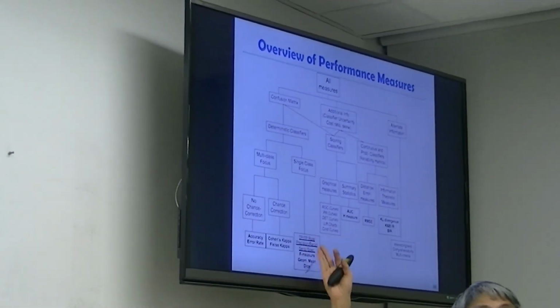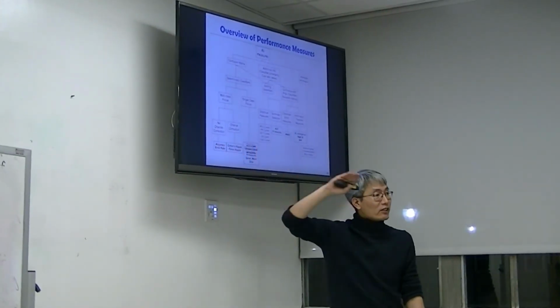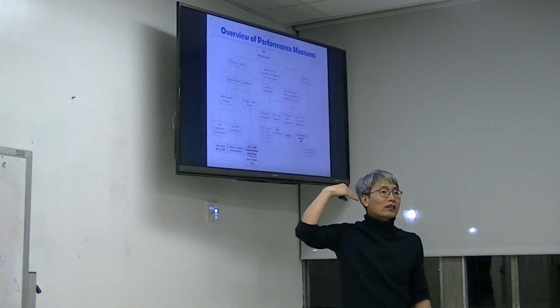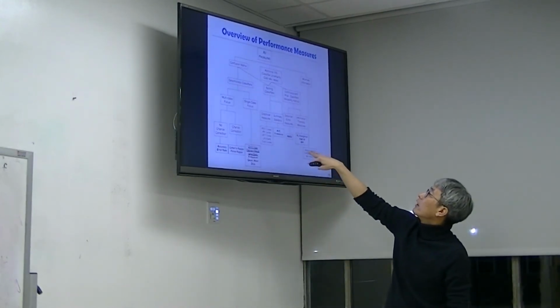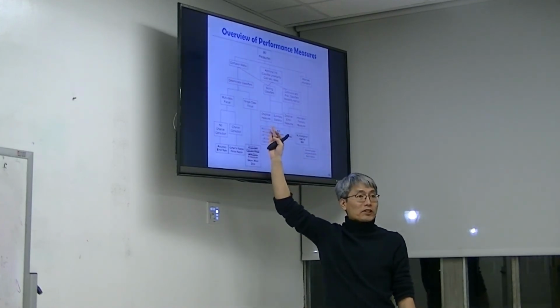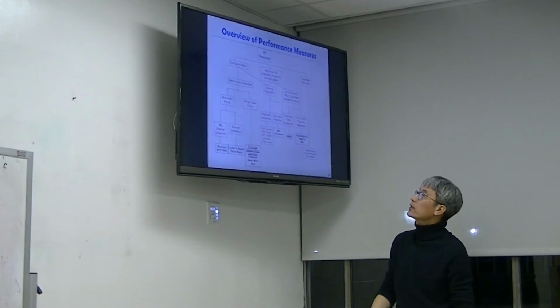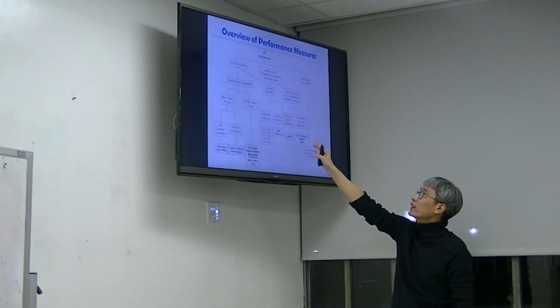Most popular in machine learning are precision and recall. Accuracy is very general, but it cannot reflect the real accuracy. And the ROC curve is used in signal processing, very similar to precision and recall. And other measurement metrics can be used.